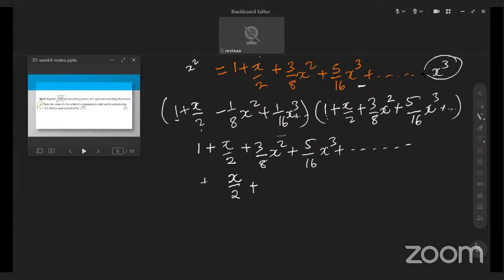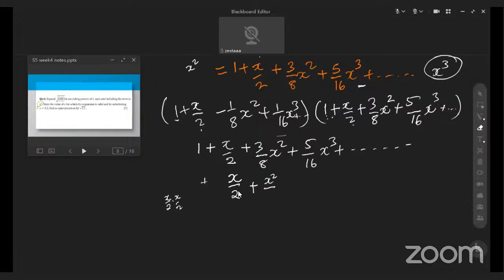So we continue. Then we get also x over 2 times, we multiply this by this. Then this one times this times x over 2. So this will be x squared over, or we can even write it in the same format.